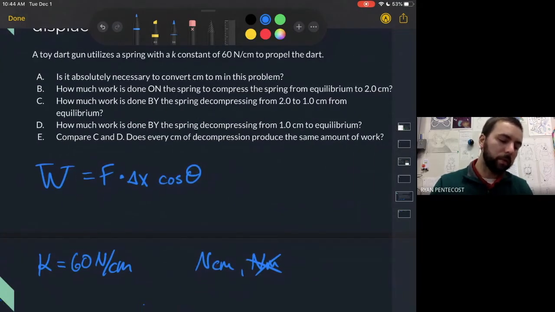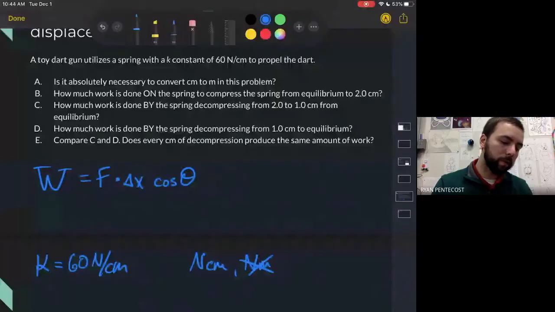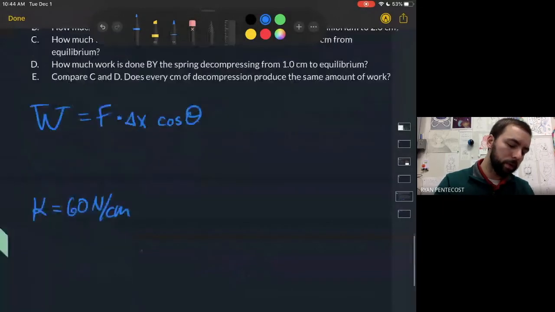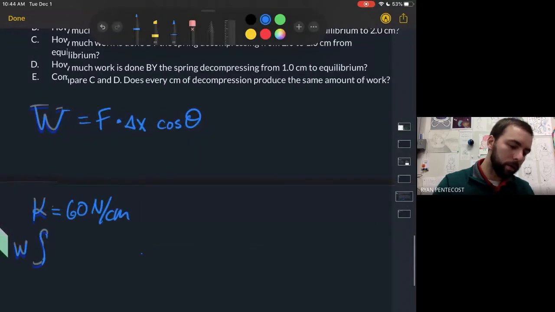So first, it asks how much work is done on the spring to compress the spring from equilibrium to 2 centimeters. So to do this, we are going to integrate, right? We want the work done on the spring.